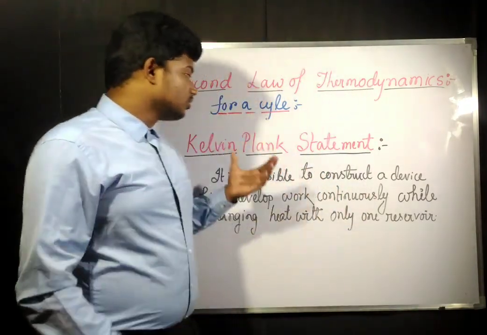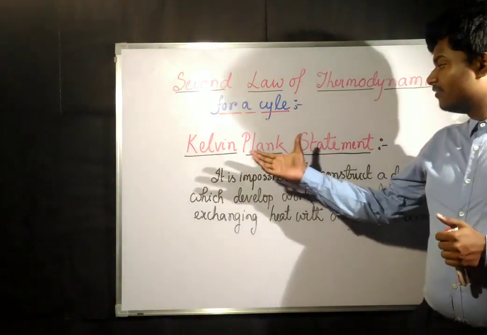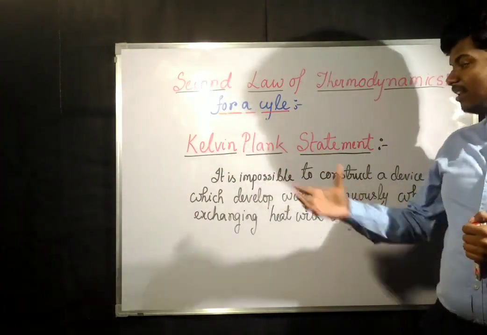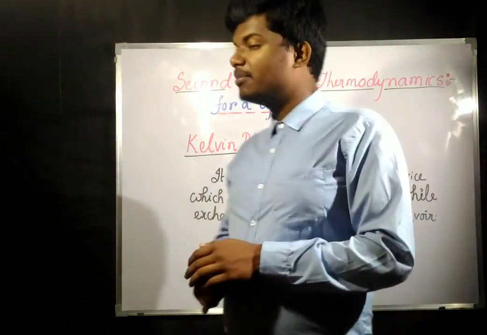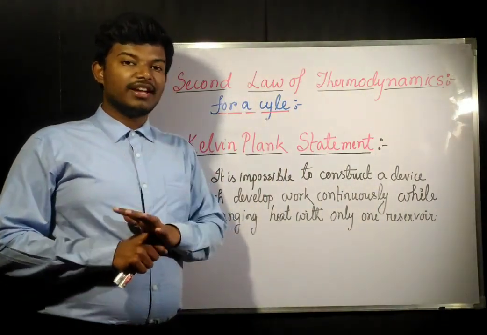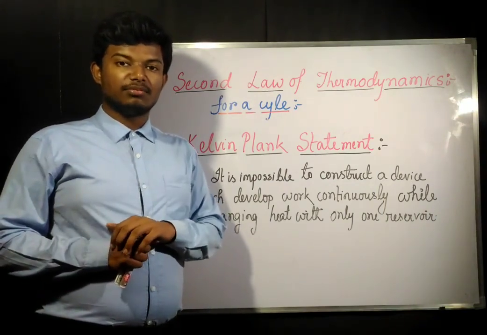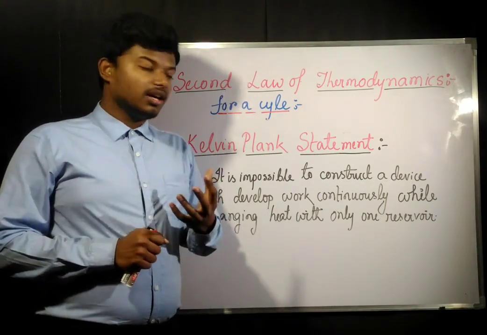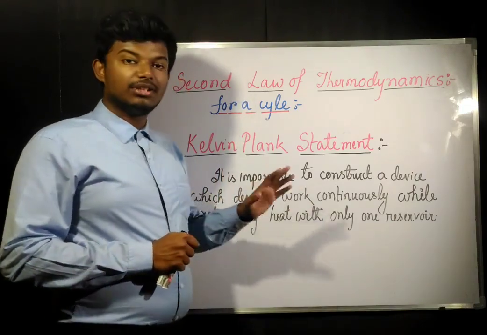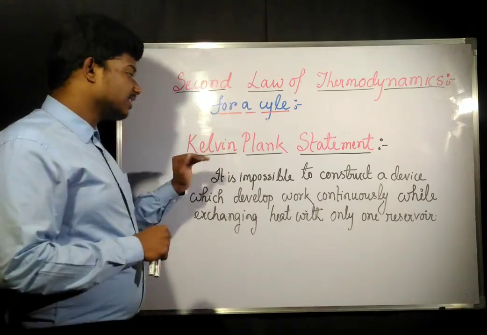So the first thing we need to know is Kelvin Planck's statement. Okay, Kelvin Planck statement, this is a statement which is given on the second law of thermodynamics. If you look somewhere, you cannot find a perfect definition for the second law of thermodynamics, but it is going to get clear with the help of some statements. So the first statement we are going to read is the Kelvin Planck statement.